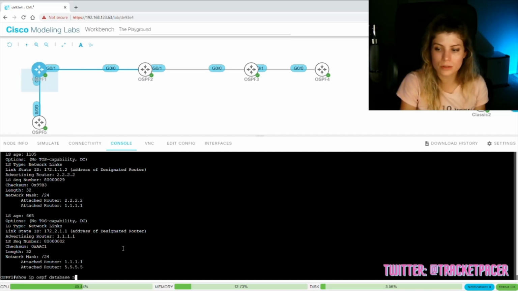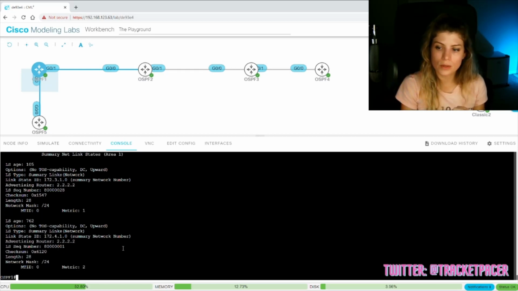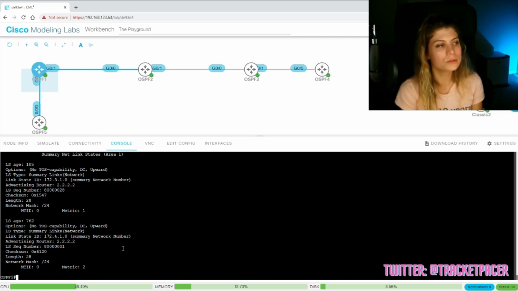Now we're going to do summary, because that is type 3. Okay, so type 3 LSAs represent networks from other areas. The role of the ABRs is to participate in multiple OSPF areas and ensure that the networks associated with type 1 LSAs are reachable in the non-originating OSPF areas.